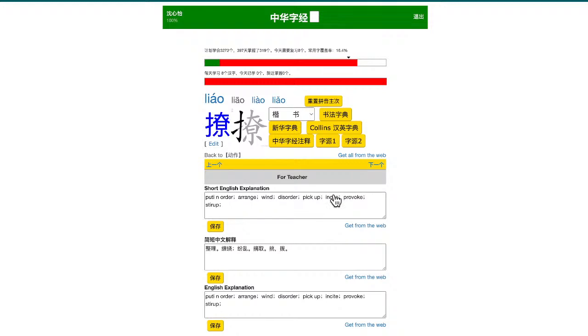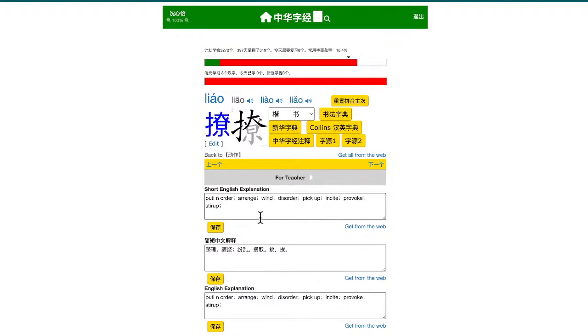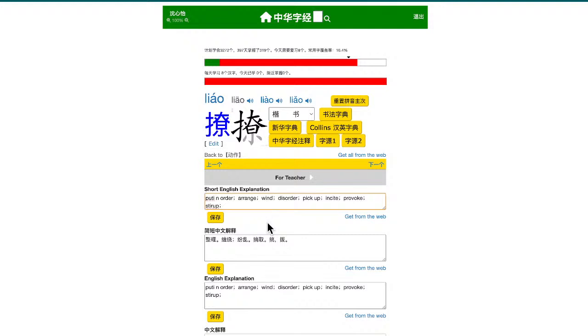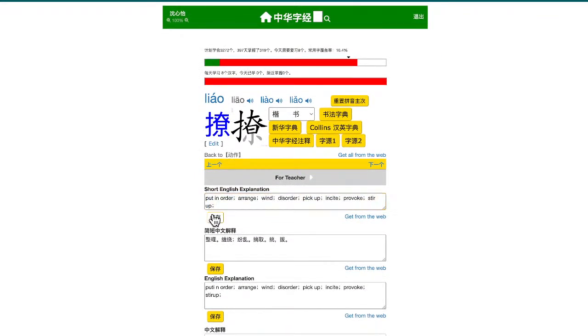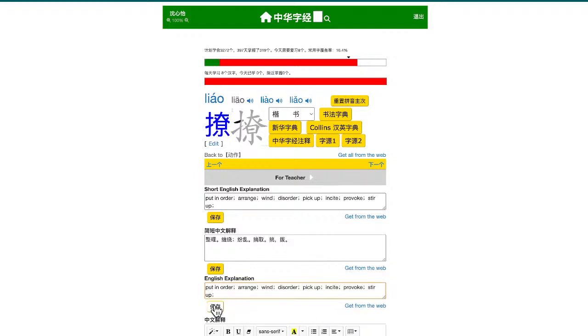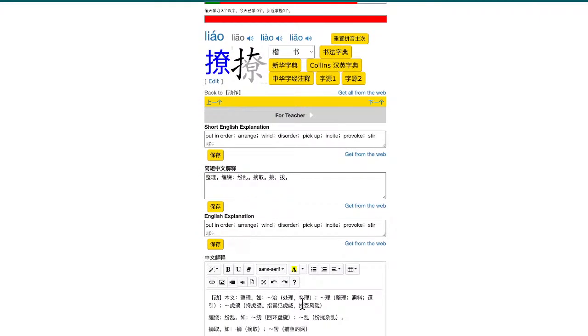Next one is liáo, 撩. When you say 撩, it means put in order, arrange. Pick it up, 撩.